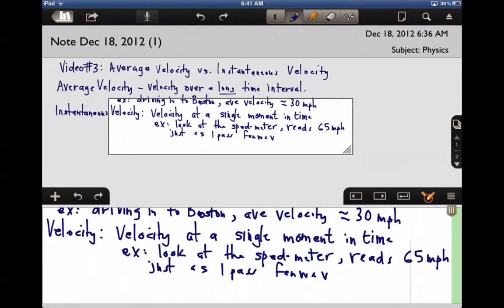In other words, that 65 miles an hour would be figured into the 30 mile an hour average, but it's just that velocity right at the moment I read it off the speedometer passing Fenway Park.